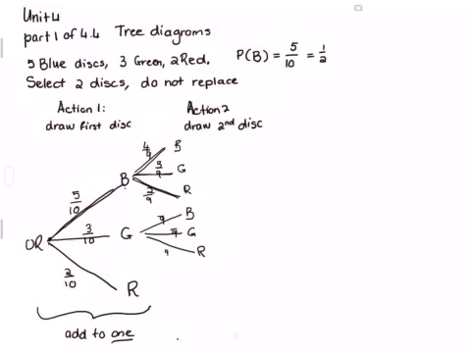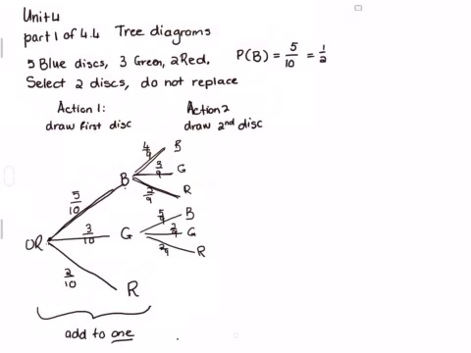So what I write here are the probabilities. But if the first time I drew a green, then there are still 5 blue left. But there will only be 2 green and there's still 2 red. Right, so again, if you take each of the separate ones, you're going to say an or.